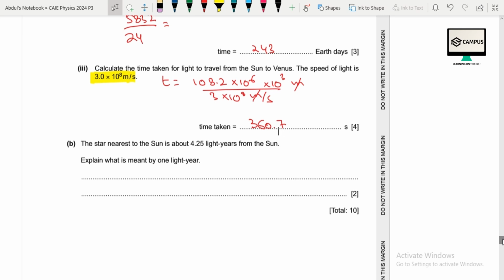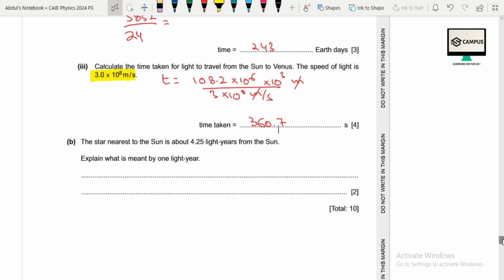All right, moving on to part B. The star nearest to the sun is about 4.25 light years from the sun. Explain what is meant by one light year. It's a pretty simple concept. One light year is the distance traveled by light in vacuum in 1 year.